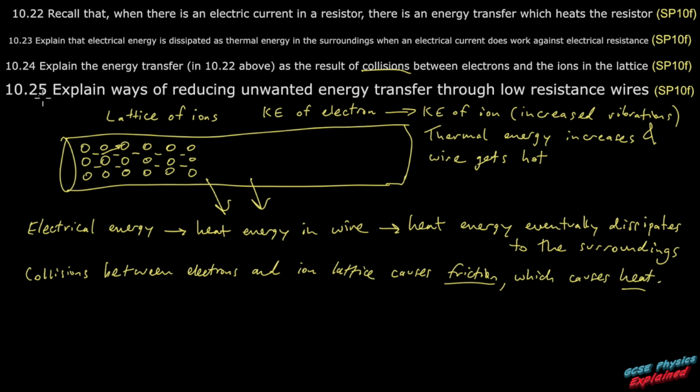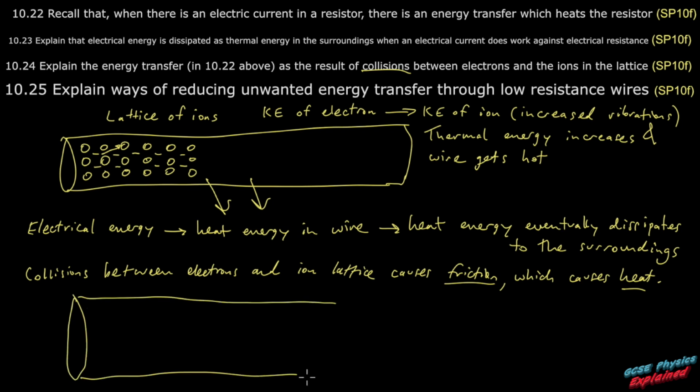And finally, 25, explain ways of reducing unwanted energy transfer through low resistance wires. Well, if you can make the wire thicker, it gives the electrons more room to move, if you like, and so there's not quite as many collisions, and so that means that there is less resistance, and so less electrical energy is wasted as heat energy.